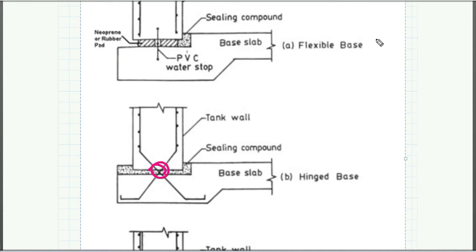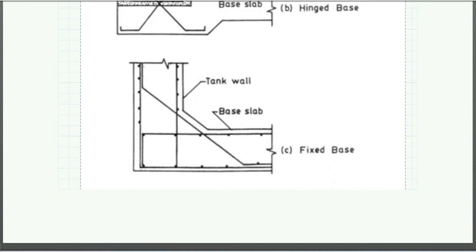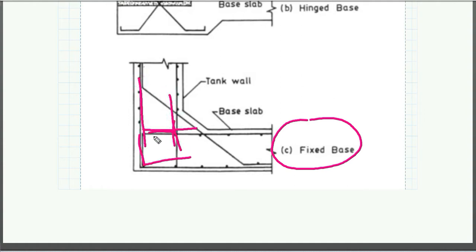And this is an example of a hinged joint wall with the base, as well as there are some examples where the base and the walls are monolithically casted. So this is an example of a fixed base, okay, where both the reinforcements are combined together and casted monolithically. So this is an example of a fixed base.